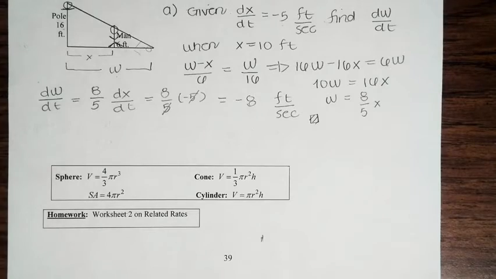So for part B, what we have is: at what rate is the length of his shadow moving when he is 10 feet from the base of the light? So what do you have here?